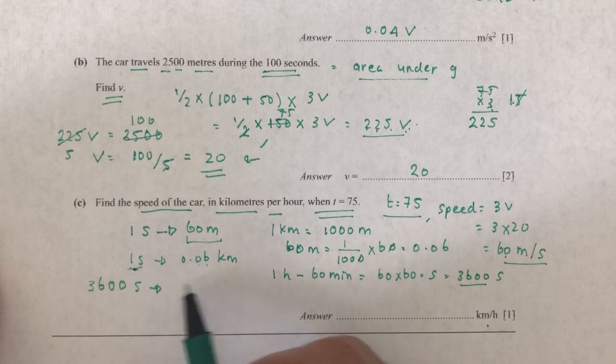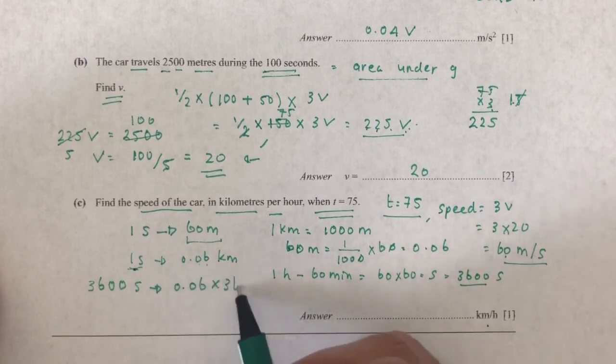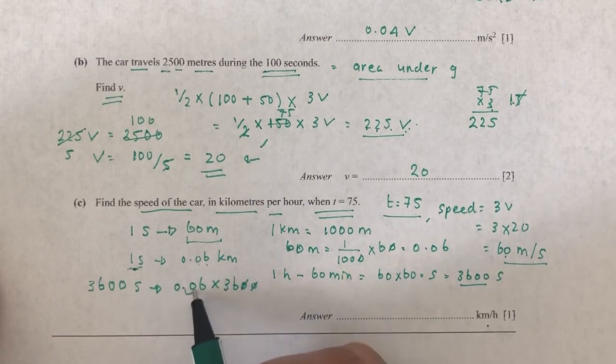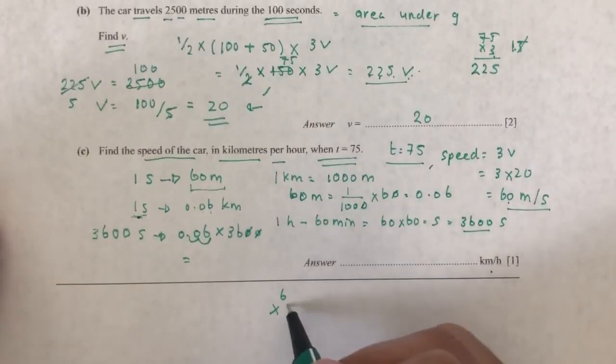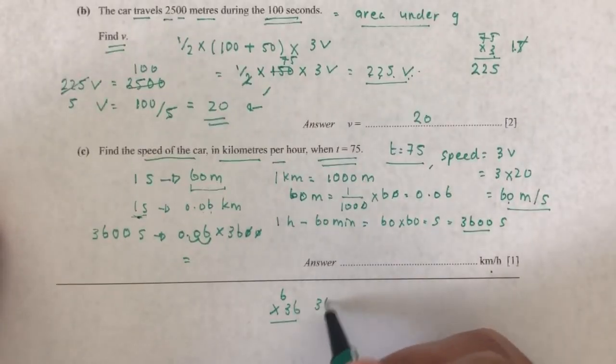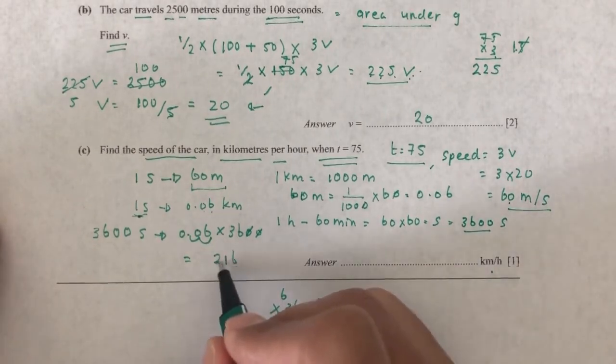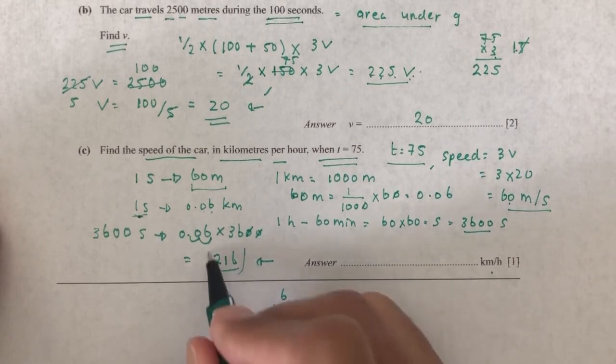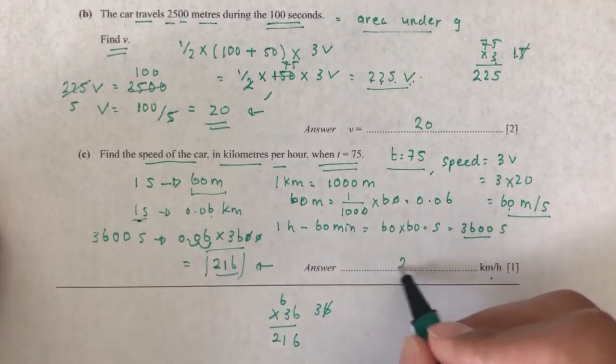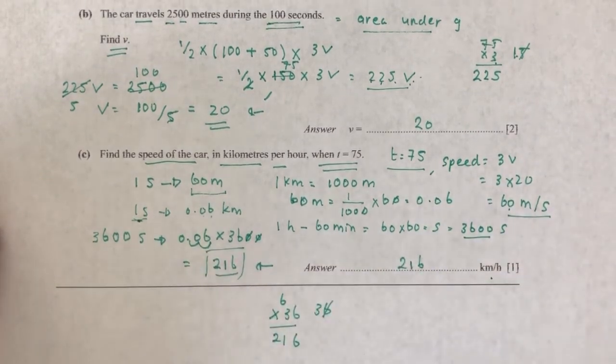So we have to multiply 0.06 times 3600. So cut those two, move the decimal place. So 6 times 36 will be what? That'll be 216. Yep, so your answer will be 216 kilometers per hour for part C.